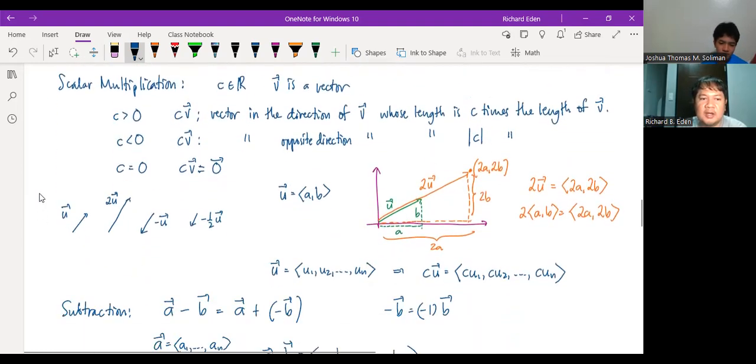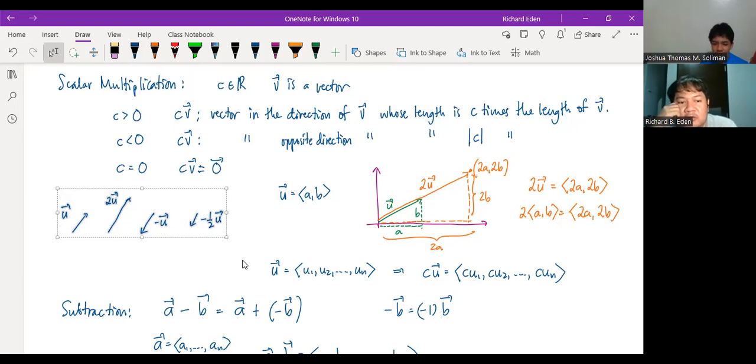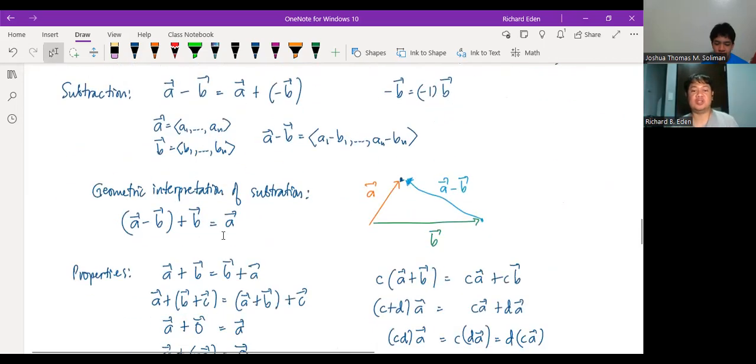Actually, it was when we were talking about this collection of vectors: u, 2u, negative u, negative 1/2 u. These vectors are all parallel, right? And actually, the reason why they're all parallel is because they are scalar multiples of each other. So that's a characterization of parallel vectors. If two vectors are parallel, then they are scalar multiples of each other.